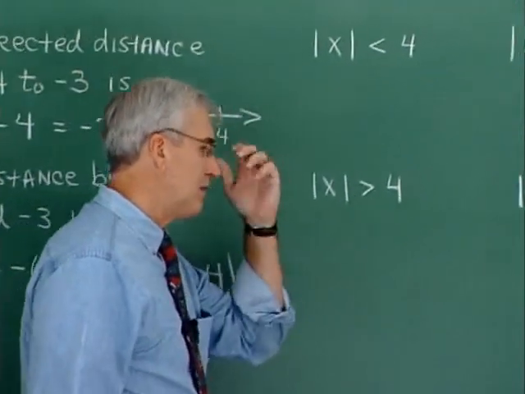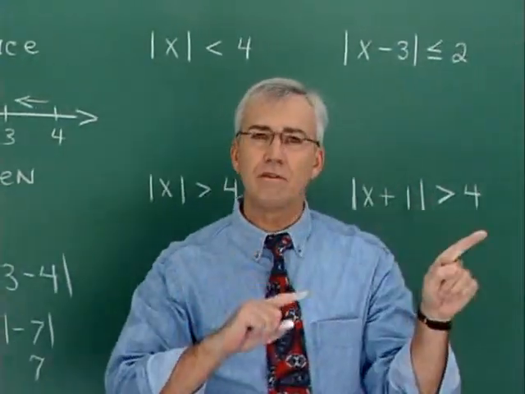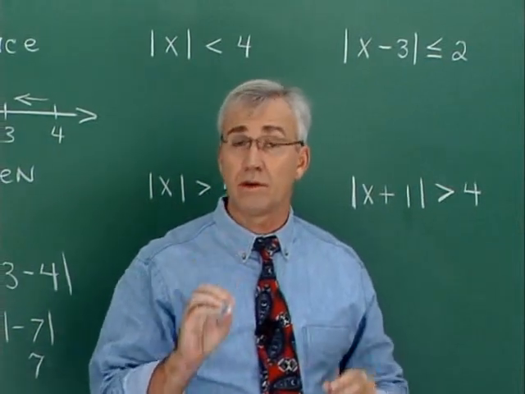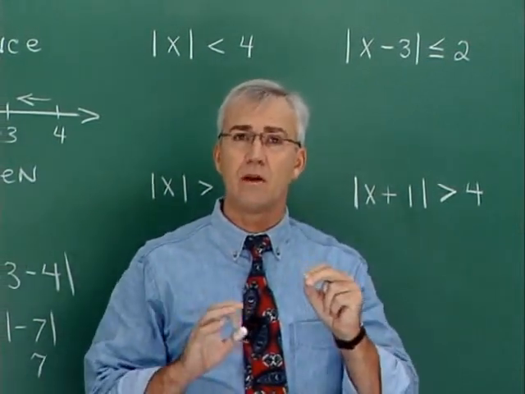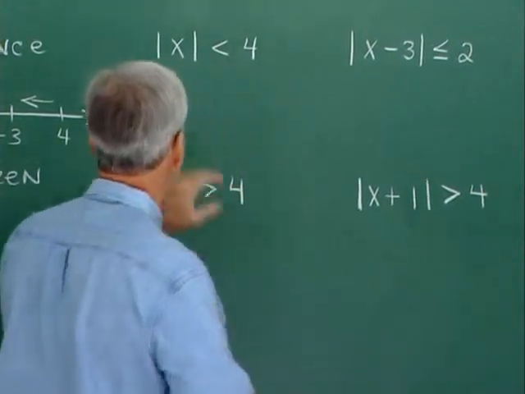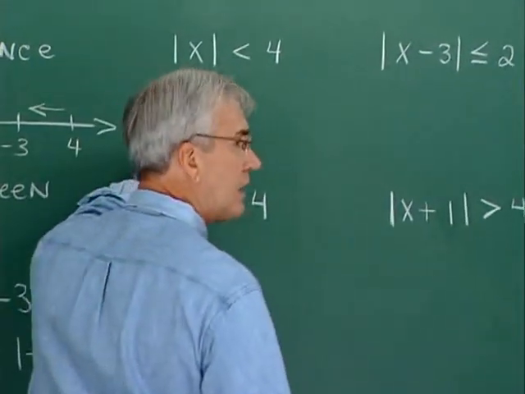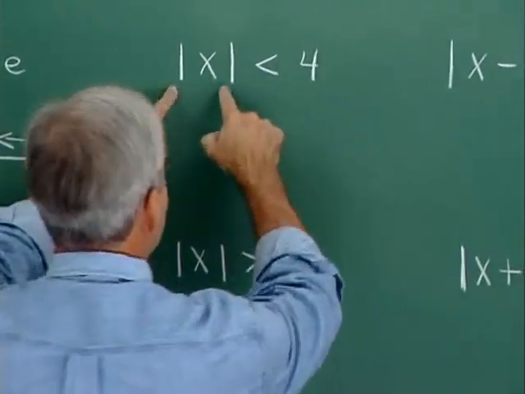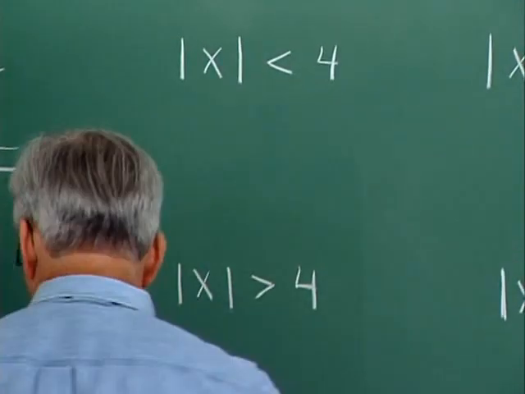Here's a situation involving absolute value with inequality. Now, I want to show a couple of simple examples here, and then we're going to go to a more complicated form. But we can make an interpretation of the meaning of this by using a number line. Absolute value of x is less than 4. Well, absolute value means distance from 0 on the number line.